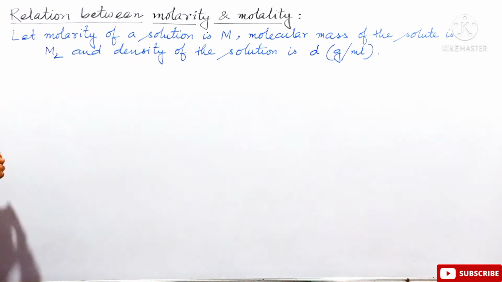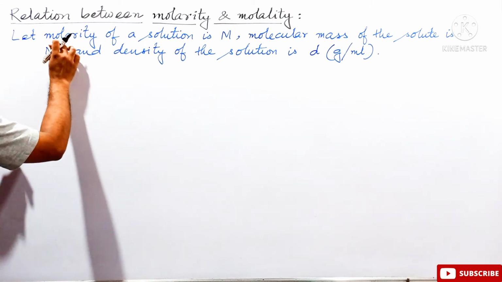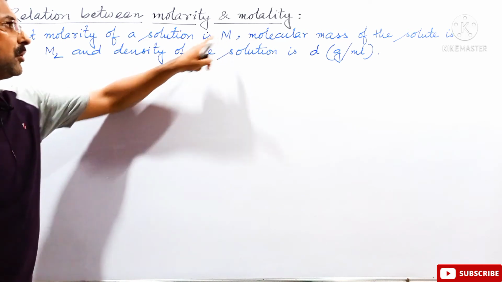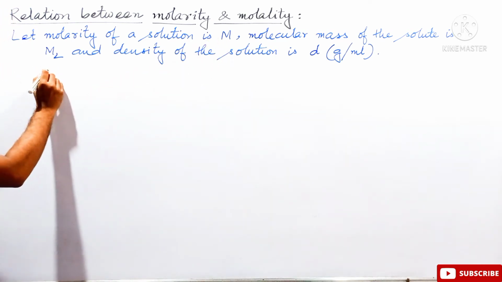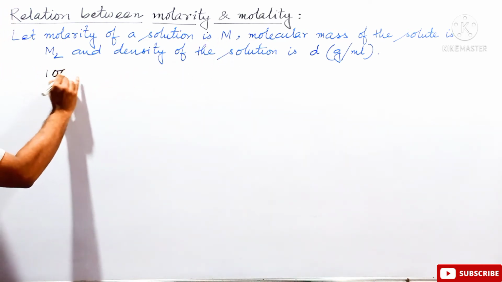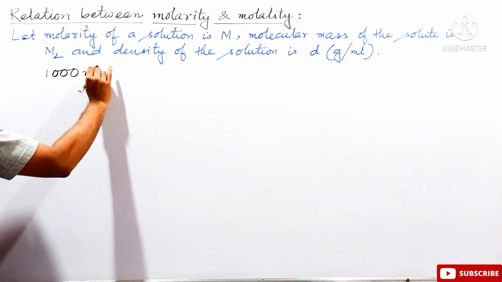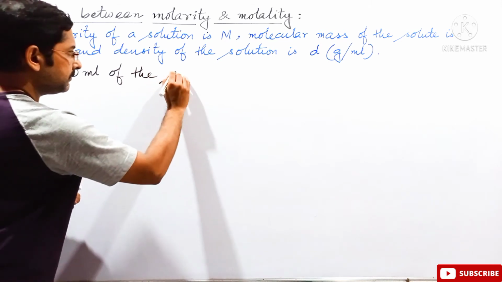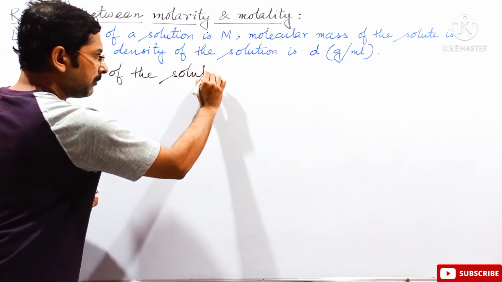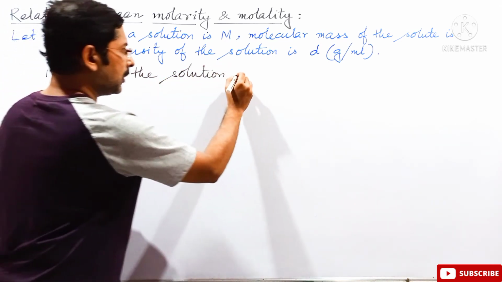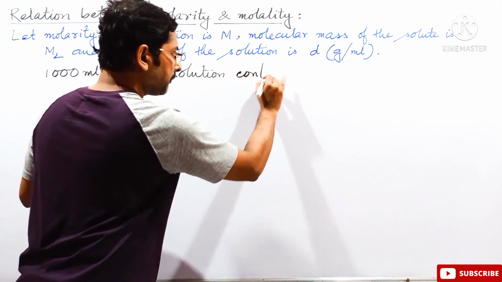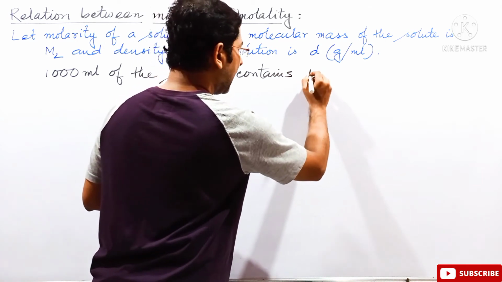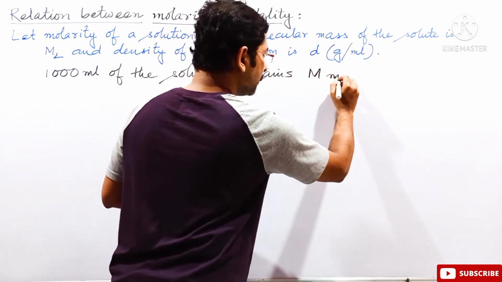Now look, the molarity of the solution is M. Molarity of the solution M means we can write that 1000 ml of the solution contains M mole of solute.